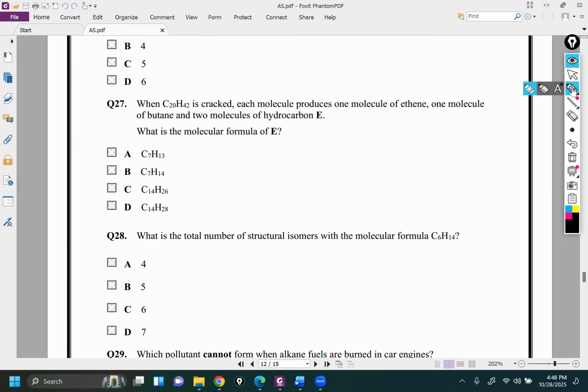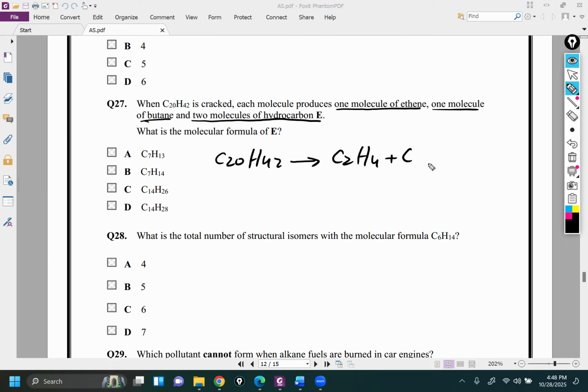Now this question: when C20H42 is cracked, each molecule produces one molecule of ethene, one molecule of butane, and two molecules of hydrocarbon E. It would be better if you write your equation. It will help to allot one molecule of ethene, C2H4, one molecule of butane, C4H10.